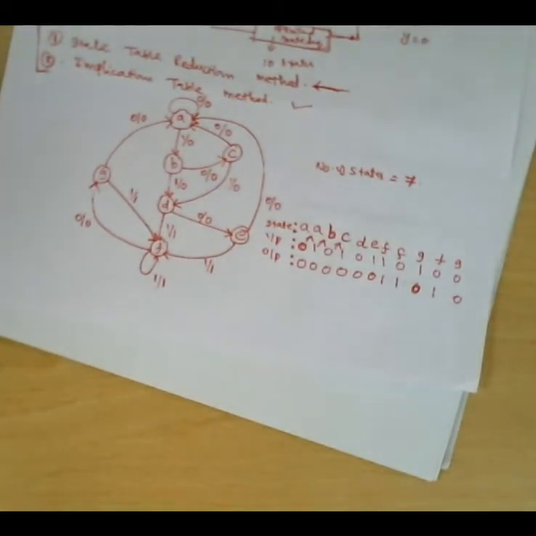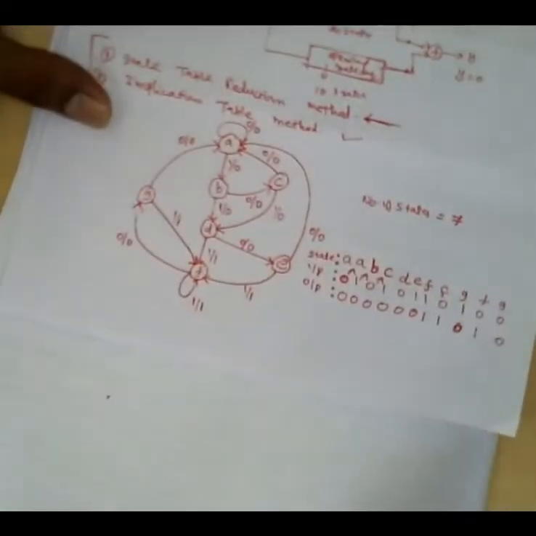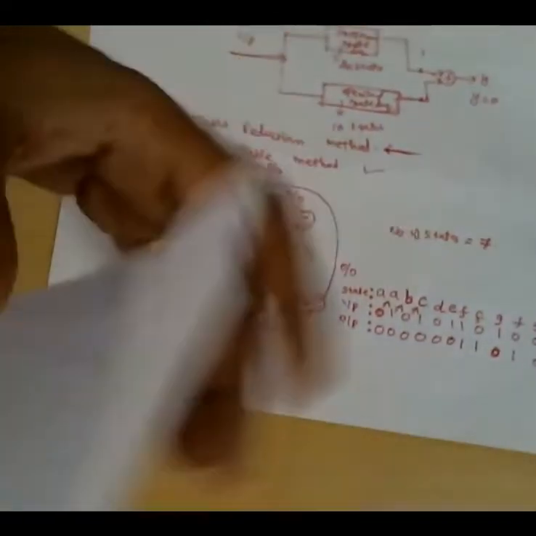So this is the state diagram. As I told you, we need to check whether any possibility of reduction is there or not in the drawn state diagram. If it is there, then we should do it now. Next, we are going to formulate the state table out of the state diagram.